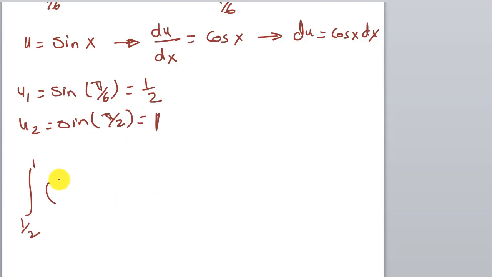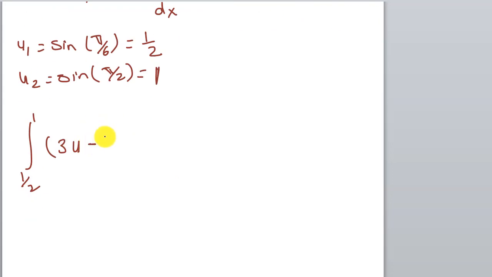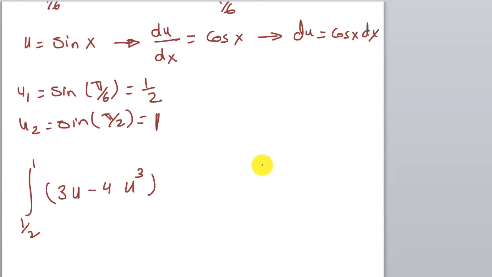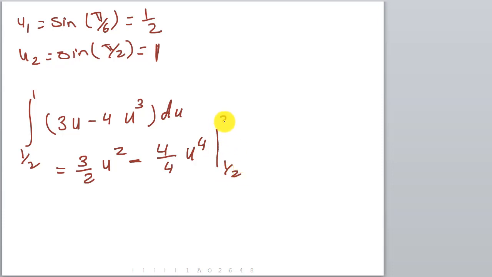3u minus 4 u power 3, and cosine x dx is du. Now the integration is very easy. It's equal to 3 divided by 2 u squared minus 4 divided by 4 u power 4, from half to 1.